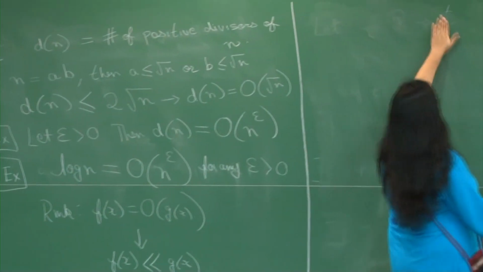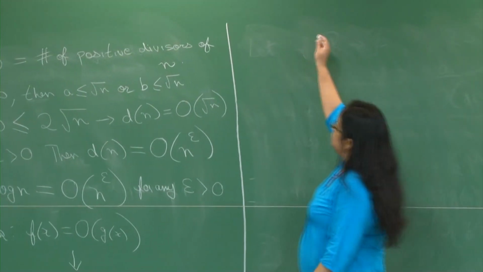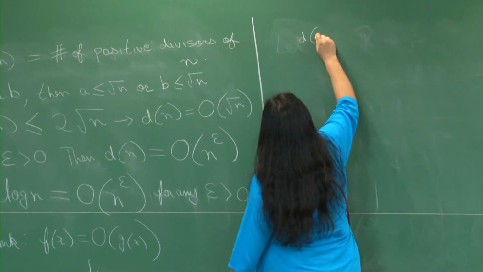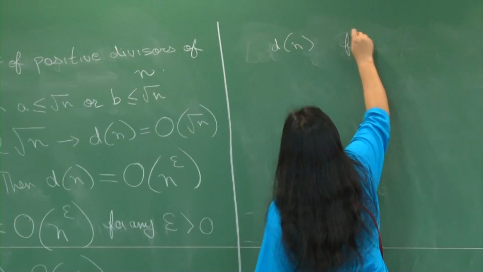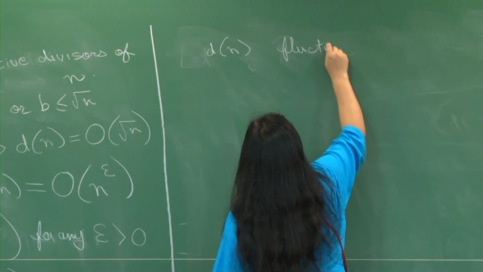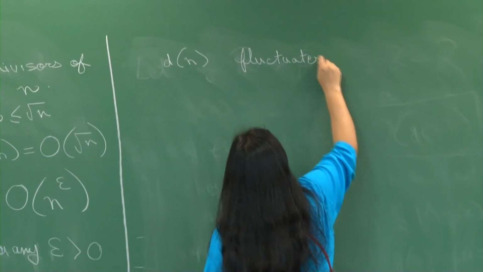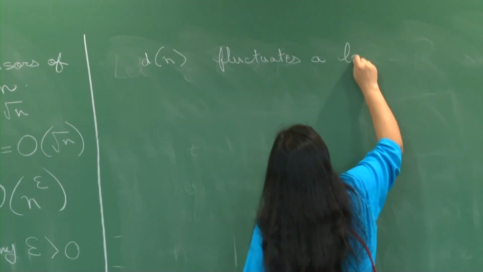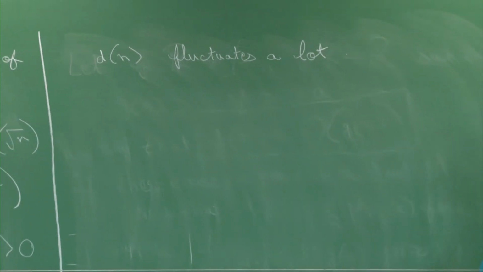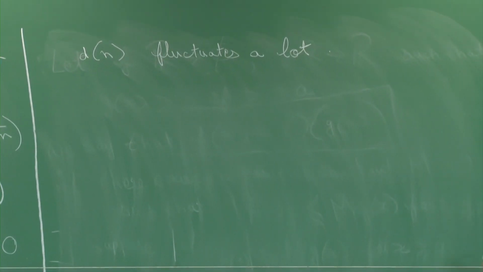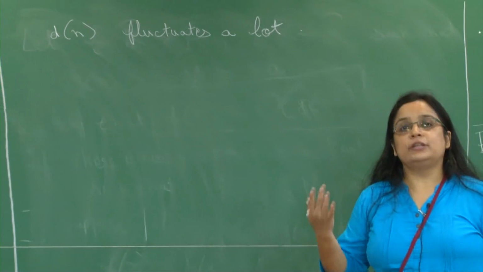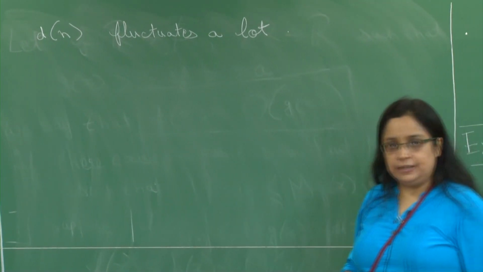Now, as I mentioned, this function d of n fluctuates a lot. So, we may ask, fine, what is the mean of this function or what is the average value of this function?